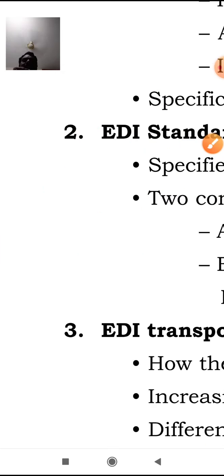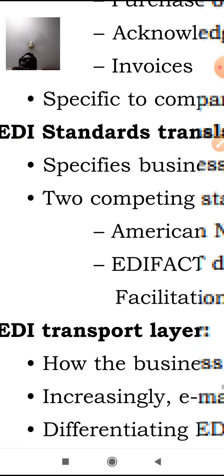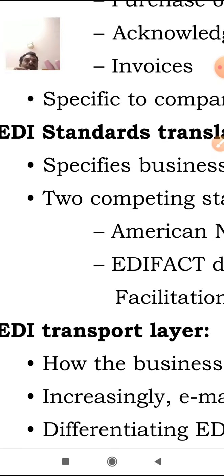Same just like that in the EDI application also, the data must be sent from the consumer to the company, and company to the consumer, seller to the buyer or buyer to the sender, whatever it may be. The information transferred from source to the destination must be internally converted into the standard format.